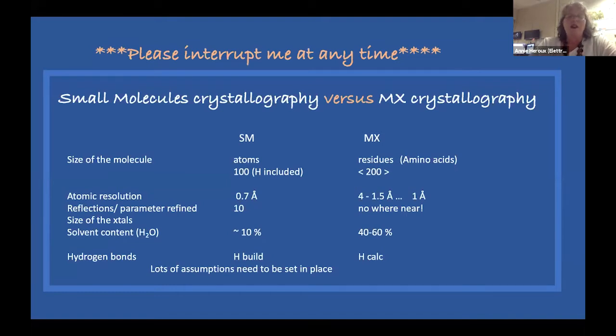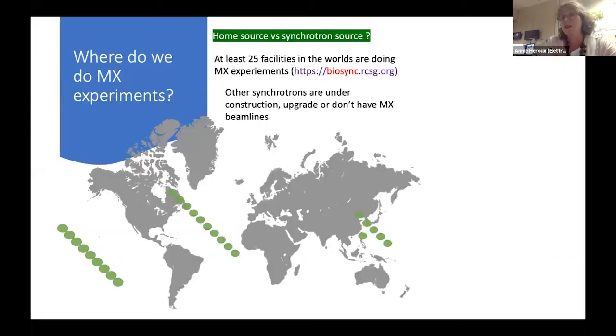All the biological reactions will probably involve hydrogens that you need to calculate. So again, a lot of assumptions in MX crystallography. I have 39 slides, but I'm going to go fast on some of them. So please interrupt me.